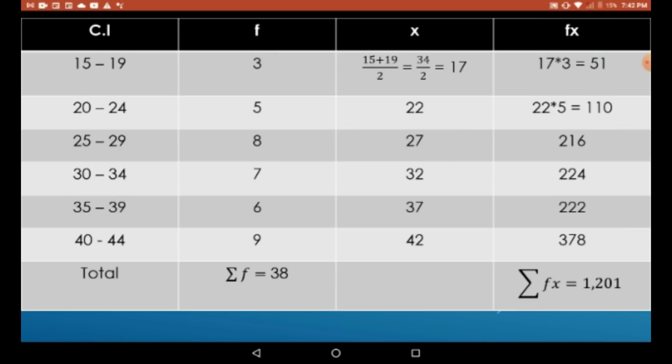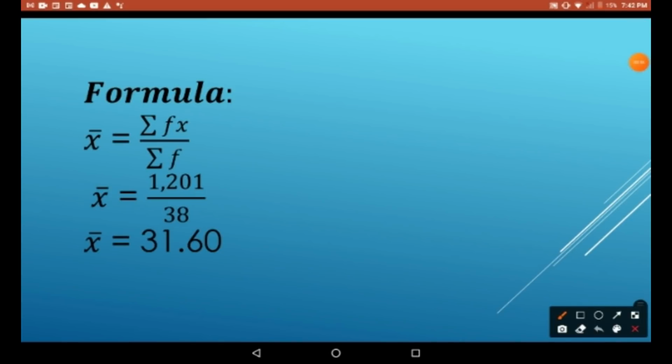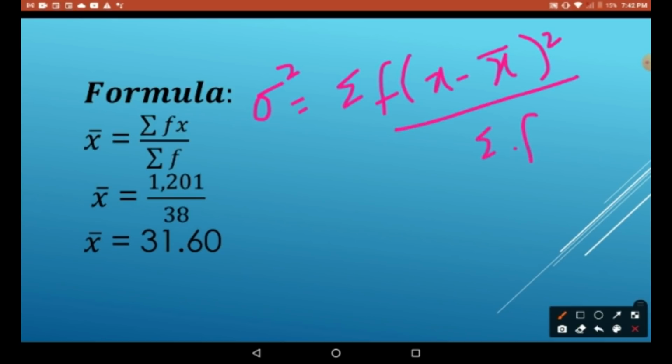Students, we know that the formula of x bar equals summation fx upon summation f. So summation fx is 1201 and summation f is 38. So x bar equals 31.60. After that, we need to construct more columns to find out sigma square, summation f x minus x bar whole square upon summation f.